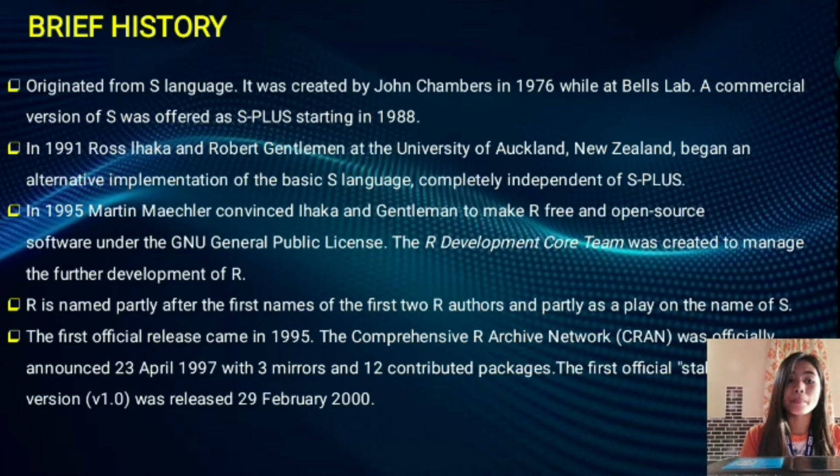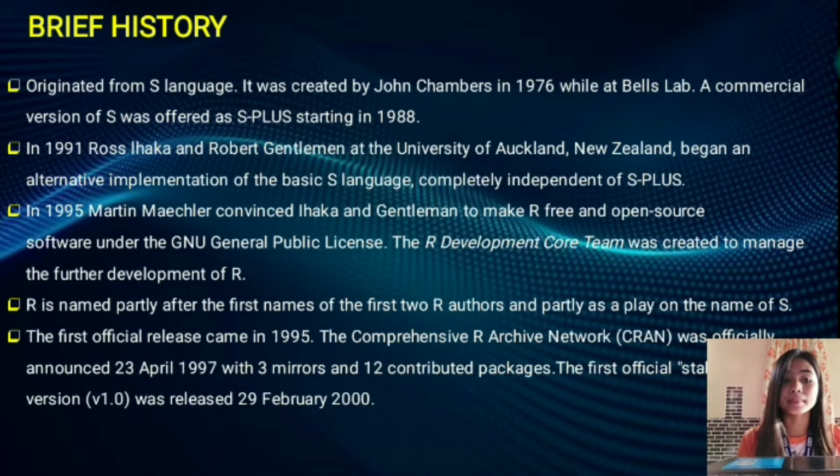The R Development Core Team was created to manage the further development of R. The R programming language is named partly after the first names of the first two R authors and partly as a play on the name of S. The first official release came in 1995.